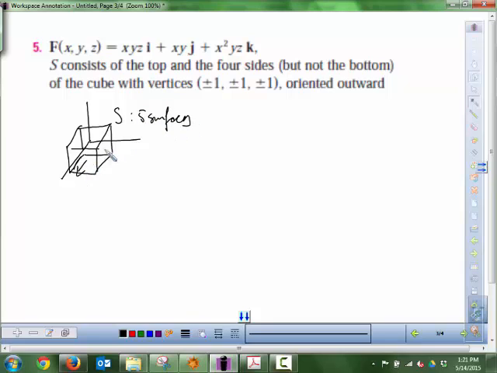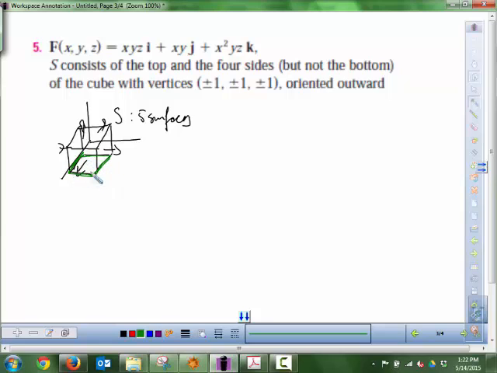Got the 4 sides and then the top, but the bottom is open. So I don't want to do 5 flux integrals, right? So now let's bring it to the other side of Stokes' theorem.